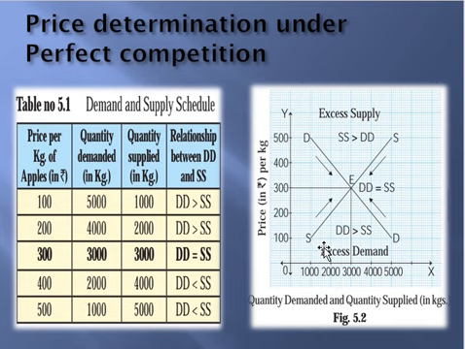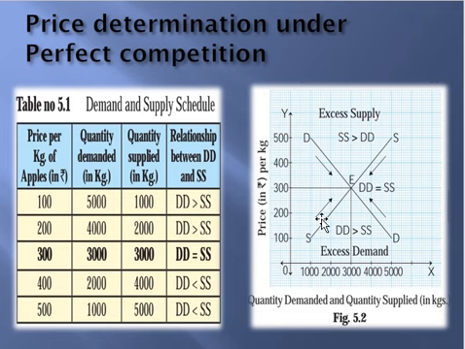Before this, there was excessive demand. This area represents the excessive demand, whereas the above area represents excessive supply. See, here is the demand, but here is the supply. Supply is far greater than the demand, and the price is rupees 500.